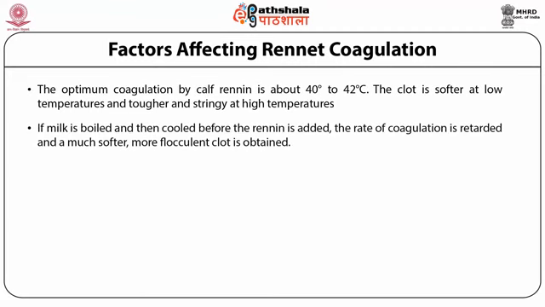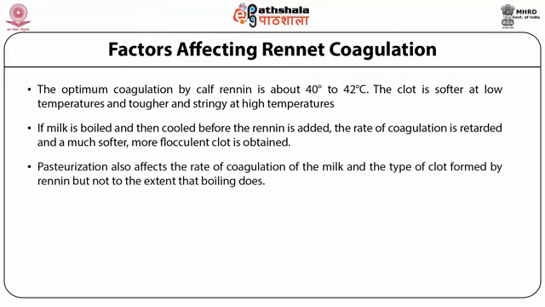If rennin is applied to pre-boiled milk, the rate of coagulation is retarded and a much softer, more flocculent curd is obtained. Similar results are also shown by pasteurization of milk, which affects the type of curd formed by the milk.